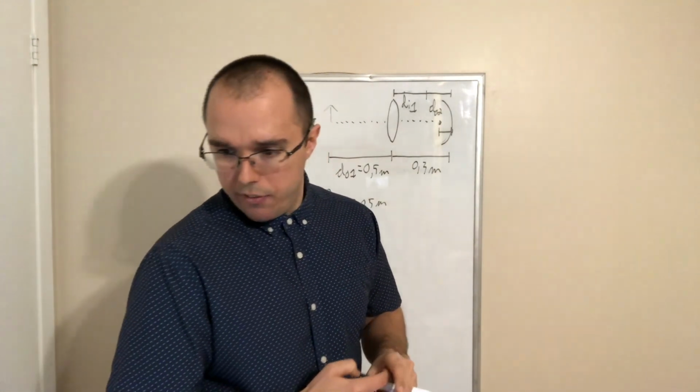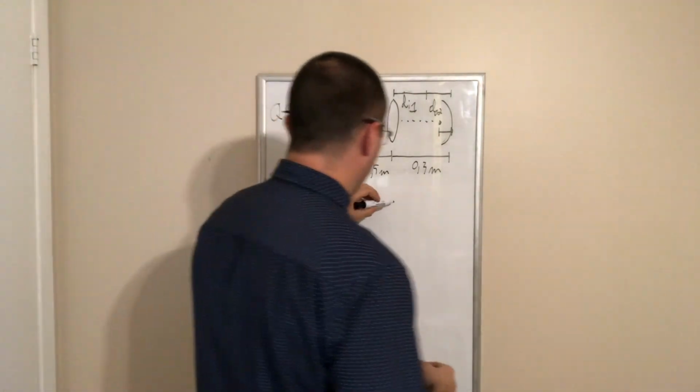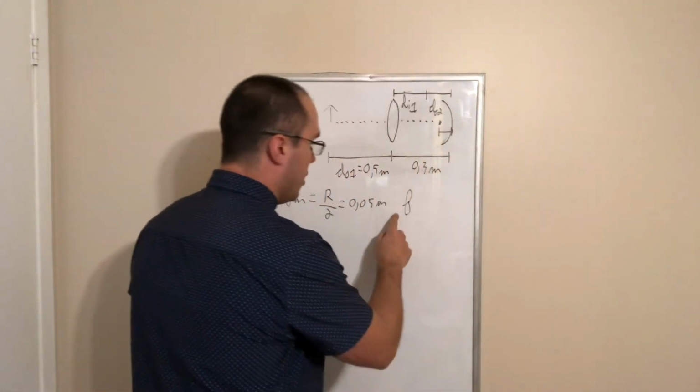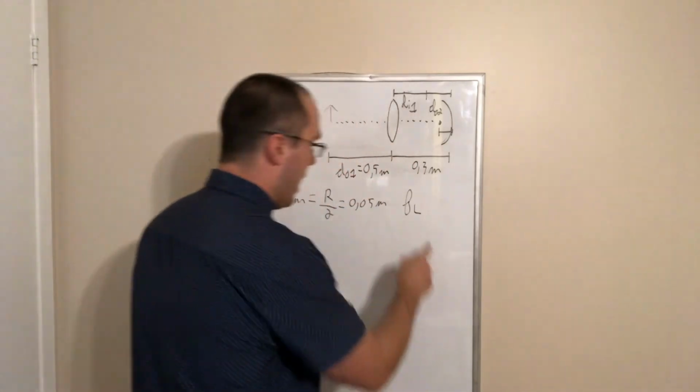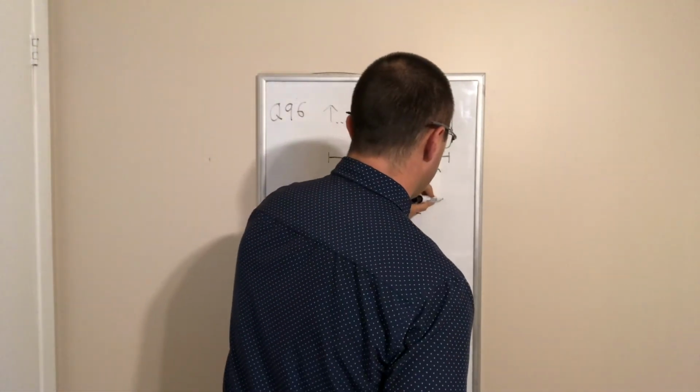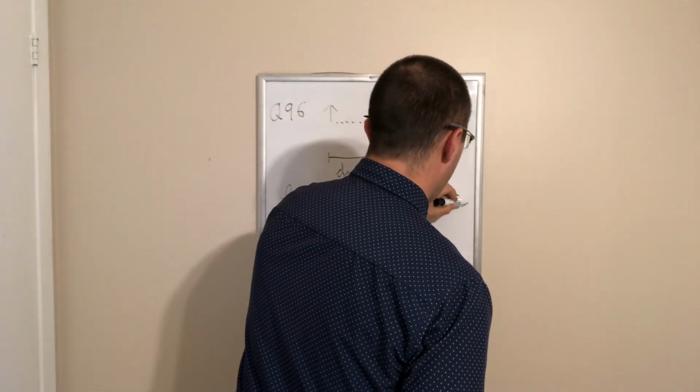We are also given the focal length of the lens, and I'm going to use F with a subscript of capital L, and it's equal to 15 centimeter or 0.15 meter.